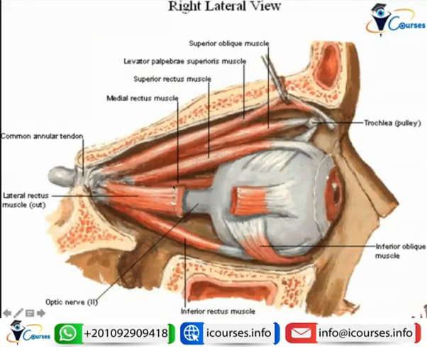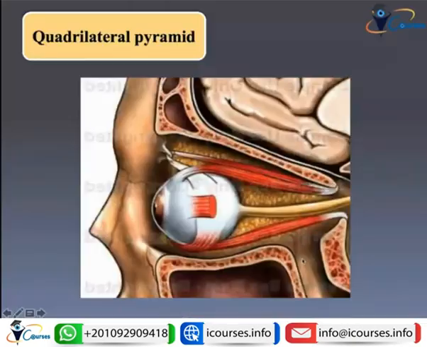Here is a lateral view, where we removed the lateral wall. You can see again the optic canal making the apex of the orbit, while the base is made of the orbital rim. It is a quadrilateral pyramid, as we said, meaning that it has 4 walls.